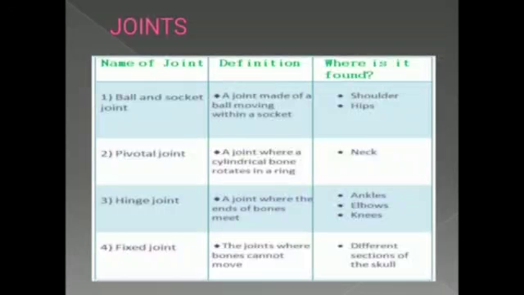Hinge joint: a joint where the ends of bones meet, and it is found at ankle, elbow, knees. Next is fixed joint: the joint where bones cannot move. Fixed joints are found at different sections of the skull.